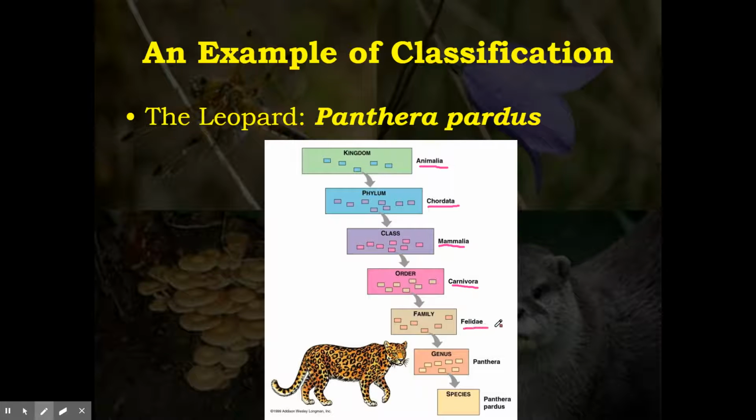Then we get down to the family Felidae, which is actually your house cat would still fall into this family. So if you think about it, the panther and your house cat are related all the way down to here. Then we get to the genus, it's called Panthera, and then the species is Pardus. So we end up with the leopard.